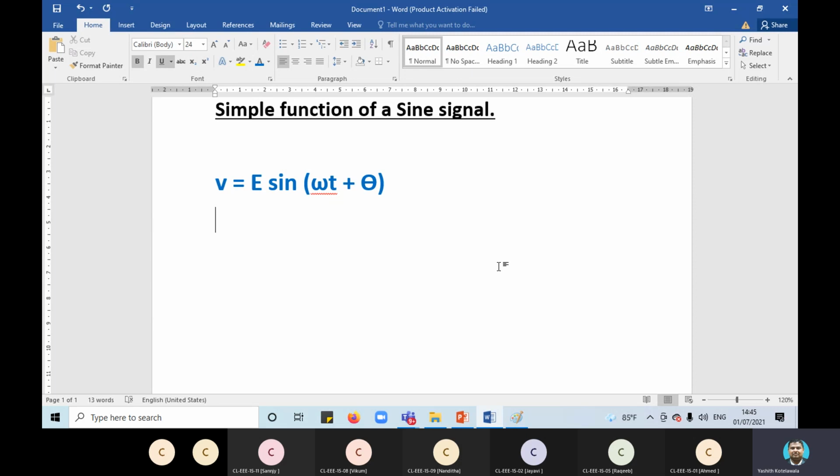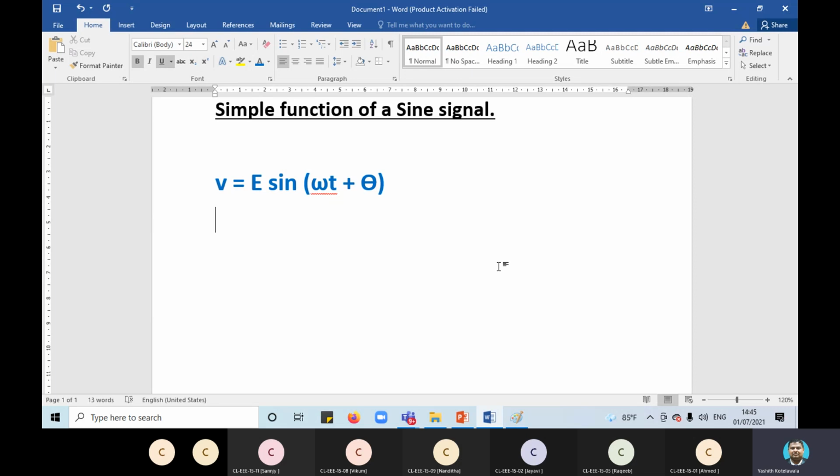Linear velocity is simple v, meters per second. Angular velocity is omega, radians per second, right? Because angular displacement is not measured in meters, it is measured in radians. So rate of change in angular displacement will be radians per second. So far you know omega as angular velocity.